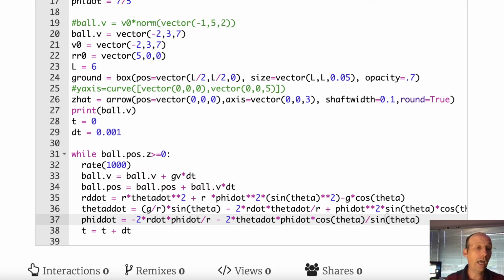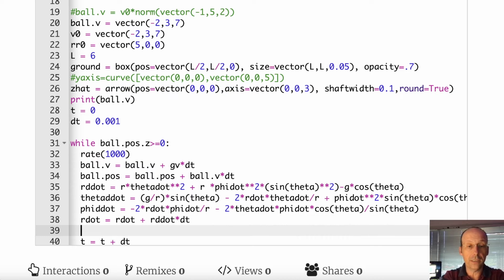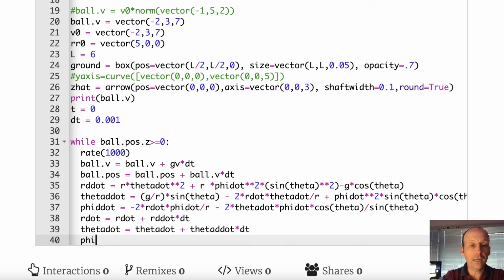Okay, so now I have my double dots. I can use those to update my dots. So r dot equals r dot plus r double dot times dt. Theta dot equals theta dot plus theta double dot times dt. And then phi dot equals phi dot plus phi double dot times dt, that's where I almost made a mistake.